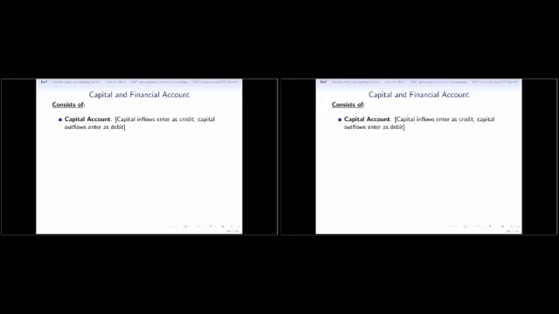Capital account will record these things: acquisition and disposal of non-produced, non-financial assets. For instance, you buy a license from a foreign company. Okay, you make the payment, you import that license, then that will appear here. So it's not a car, so it won't go to the current account, correct?